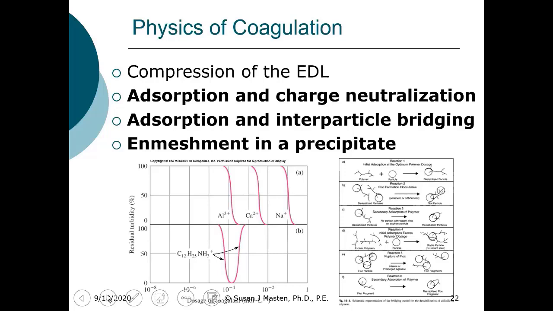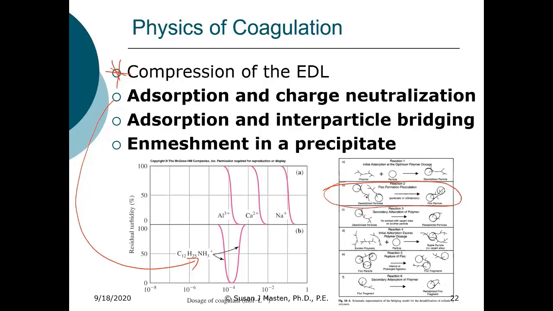Now, we've talked predominantly about compression of the double layer. I mentioned adsorption and charge neutralization, which really is what happens with the dodecyl ammonium. Now, you can also get adsorption and what we call interparticle bridging, and that is shown here in this reaction right here.